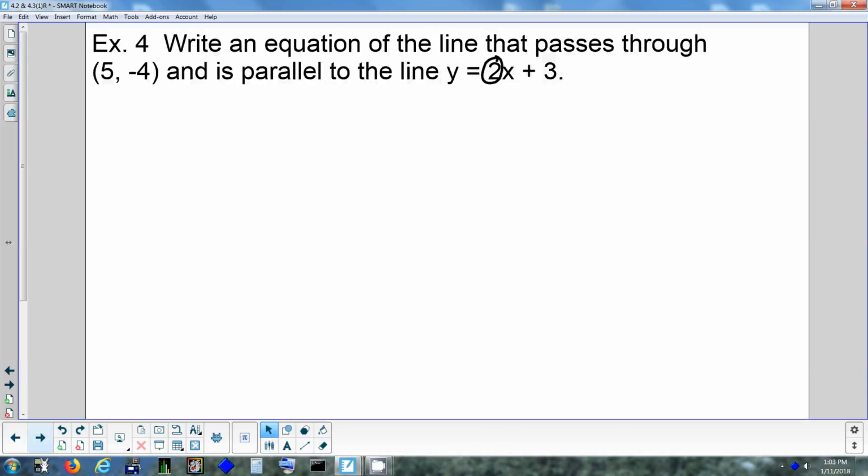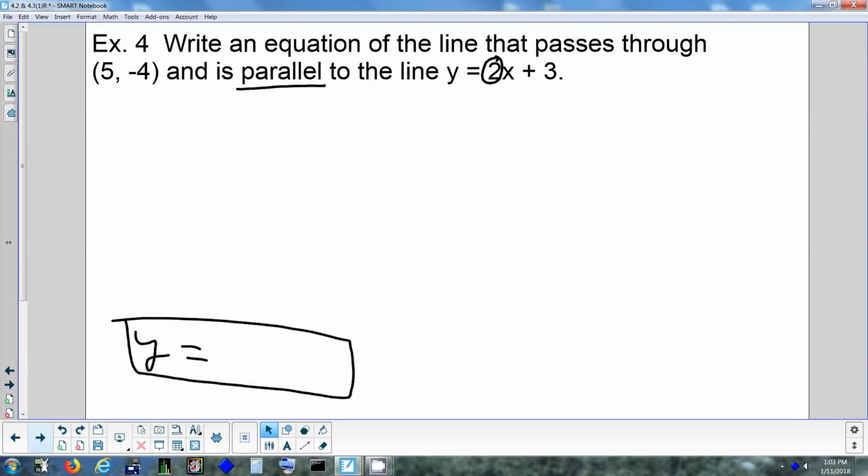All right, so key thing when we look at this problem, it says write an equation of a line. So what I'm looking for as a final answer is something like this: y equals, and we'll have to fill in what goes in the box. It says passes through the point (5, -4), and is parallel. Later we're going to look at perpendicular. This one says parallel.